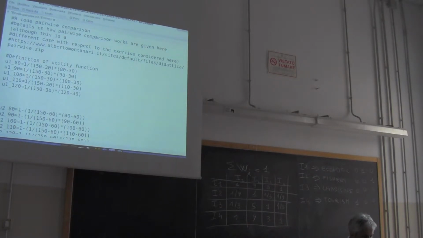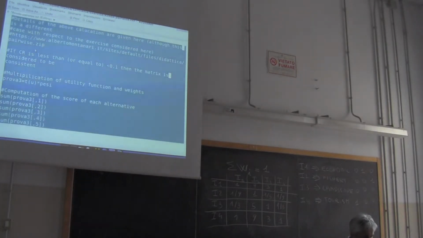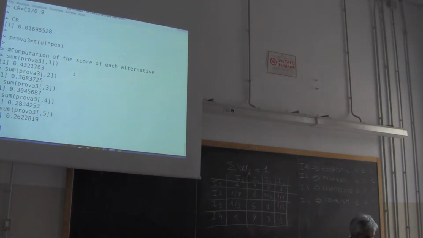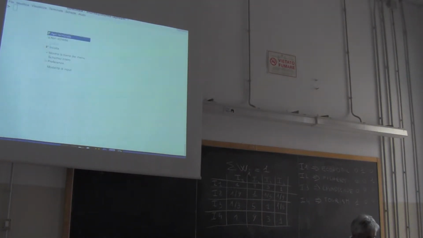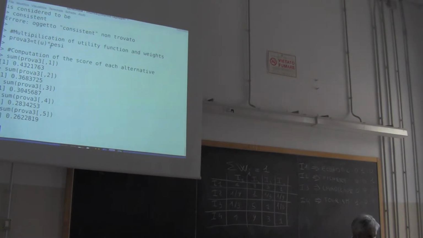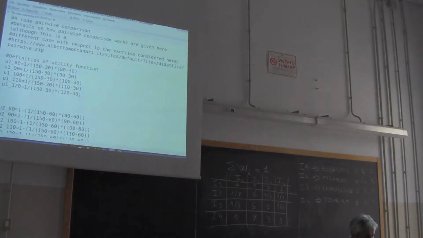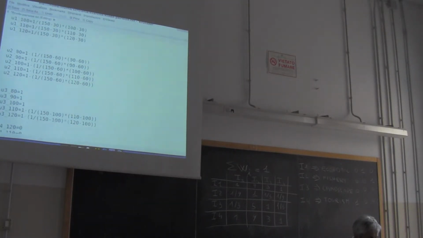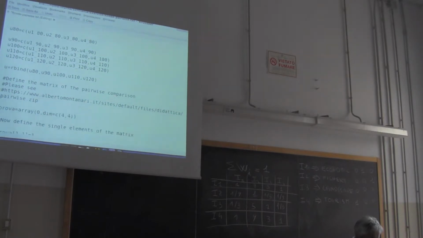So if I select all here in this code, I copy it, and I just paste into R, I get the same result. So if I want to change something, it's very easy. It's just enough that I change the code. So let's make it inconsistent, as we said.